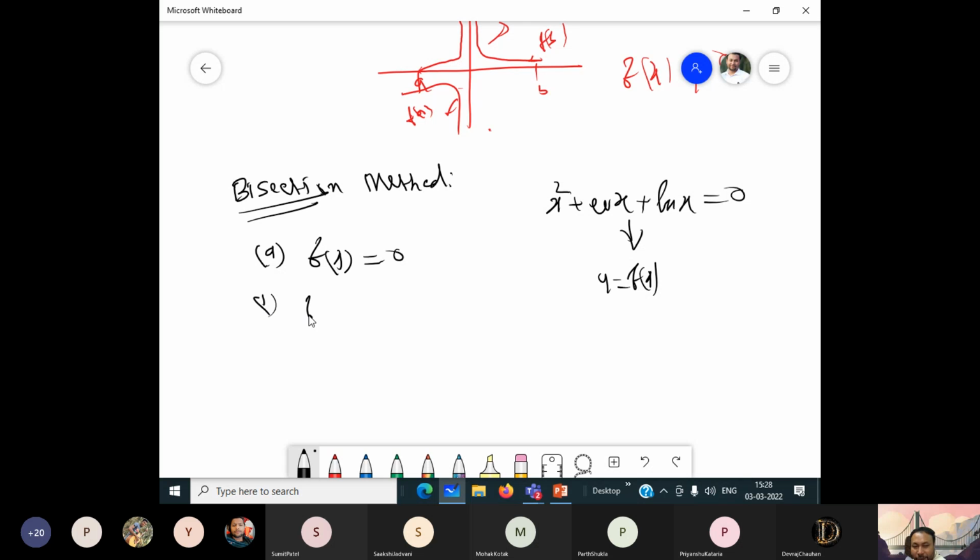Second condition, f of x should be continuous.